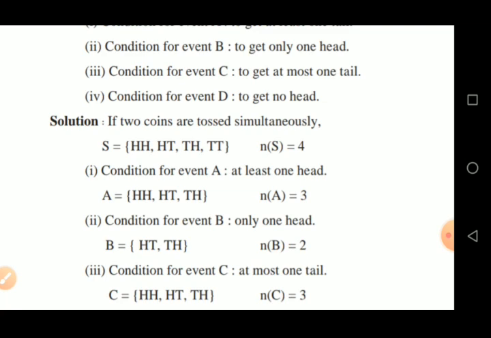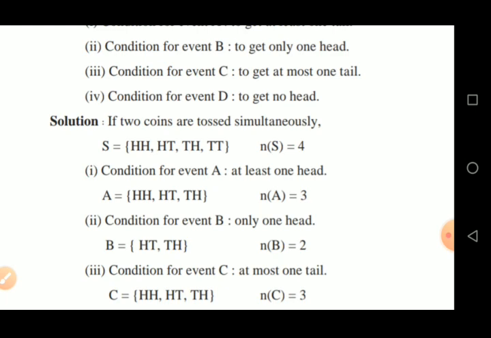Now, first condition. Condition for event A, at least one head. Minimum one head should be there. That means we have to collect the outcomes in which minimum one head is there. A = {HH, HT, TH}.